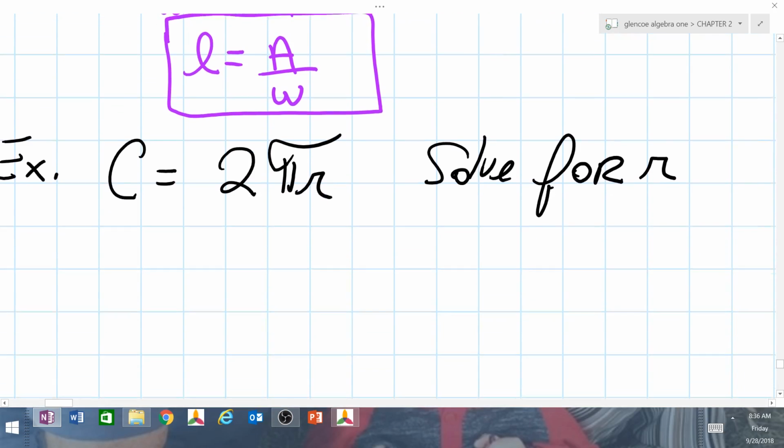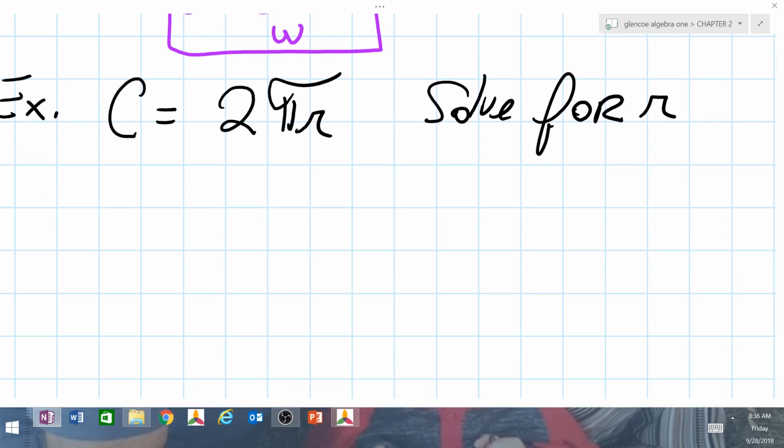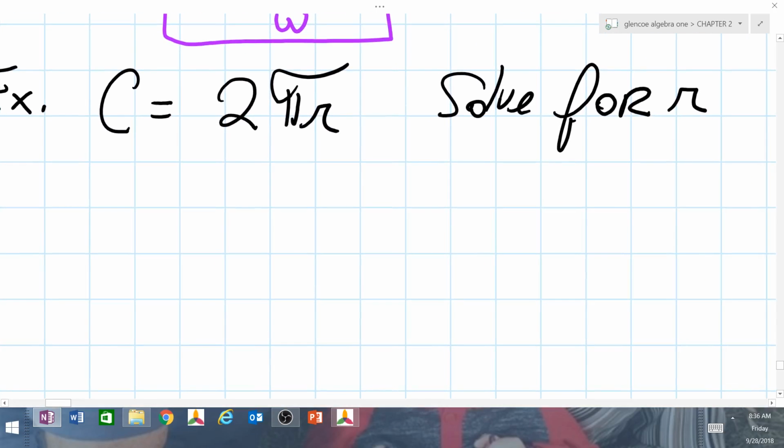Okay, next one. Circumference equals 2 pi r. These are all being multiplied. I would like for us to solve this equation for r, the radius. Now this time you have to realize that all three are being multiplied. Do you understand? Yes?